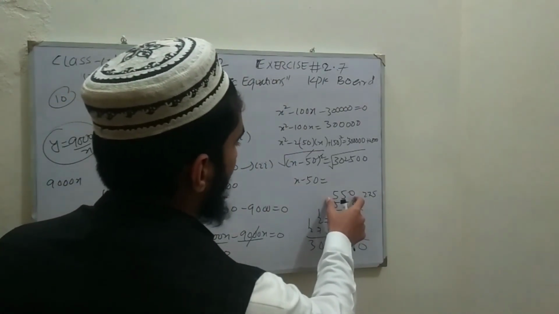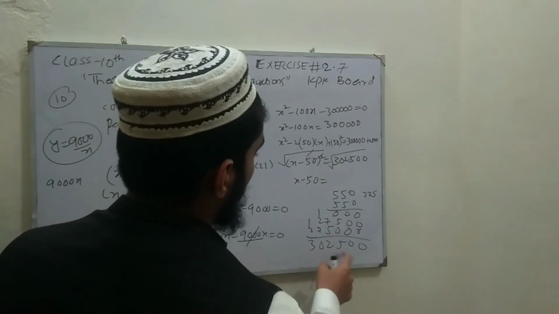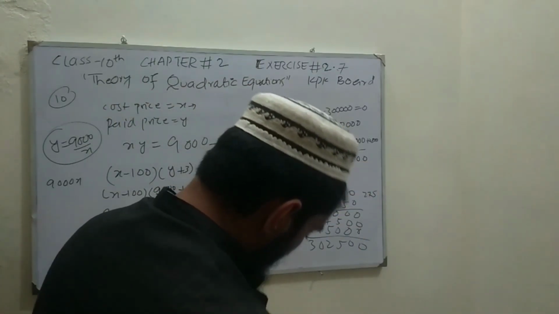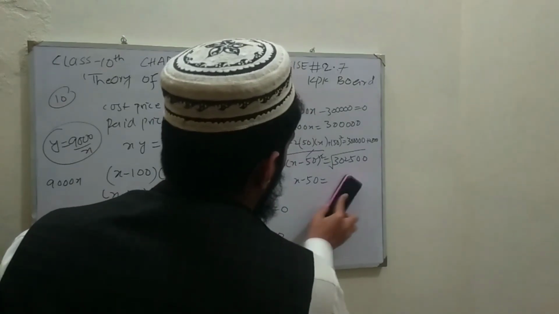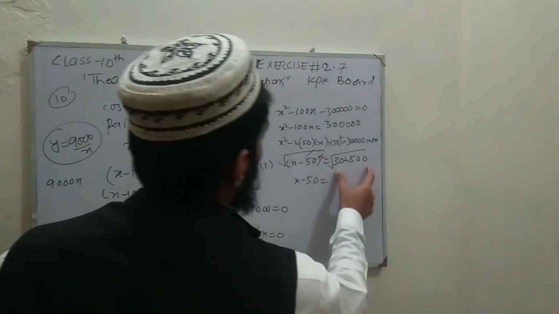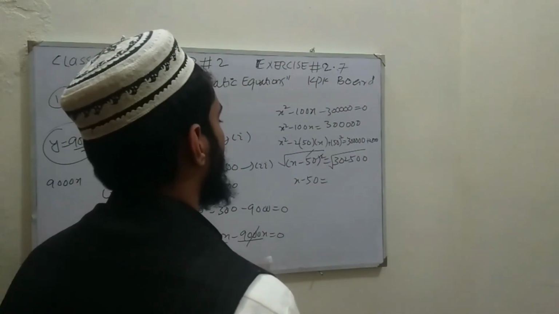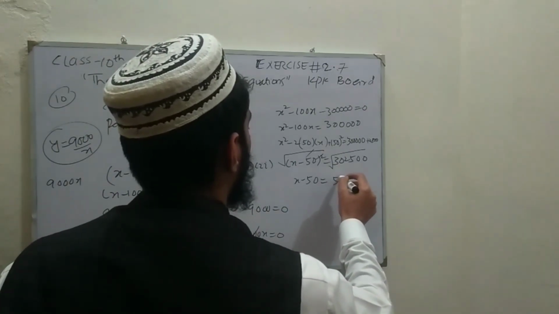If we multiply 550 with 550, it gives us 302,500. So the square root of 302,500 is 550.